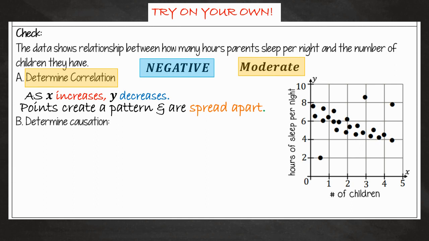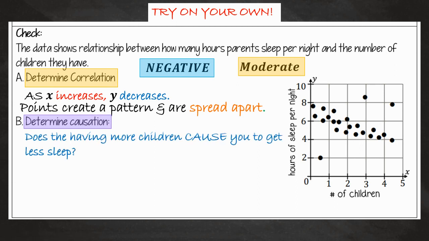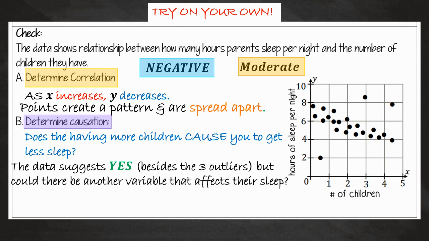Now we have to determine causation. Do the more children you have cause you to get less sleep? Well, not necessarily, because some parents are so tired they could be getting more sleep. Also, this data has 3 outliers. The points that are not with the clump or cluster are called outliers.